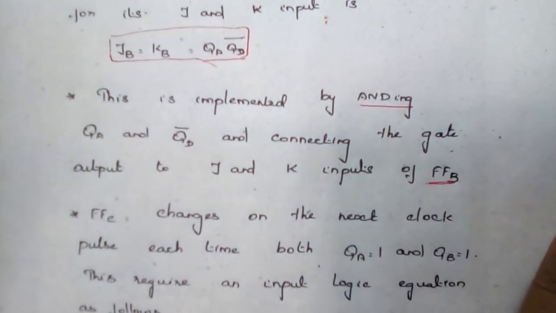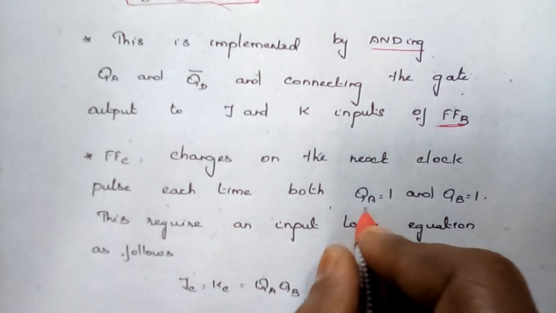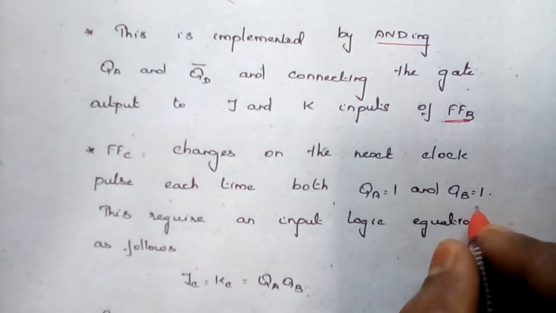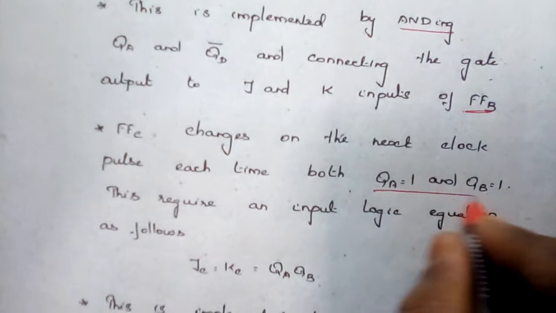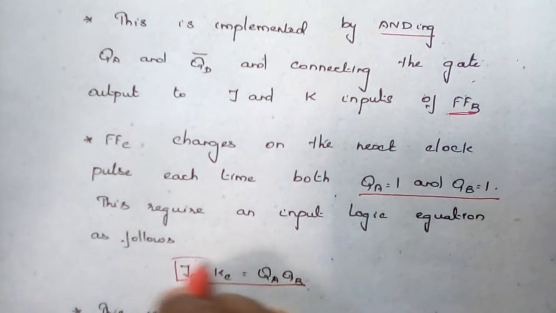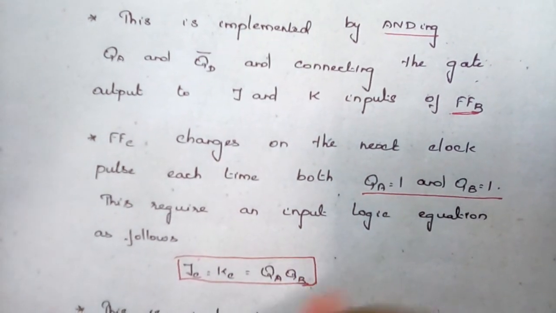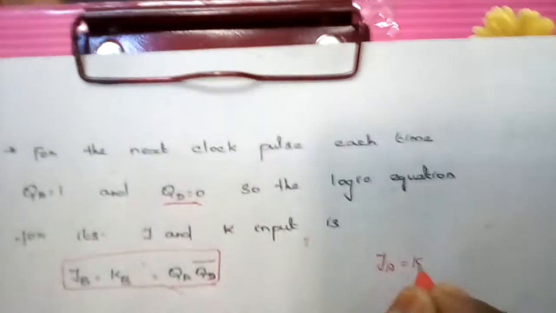For the next flip-flop, flip-flop C changes on the next clock pulse when both QA = 1 and QB = 1. So for this logic, it changes state. This requires an input logic where J and K equal QA and QB. Initially, JA = KA = 1.